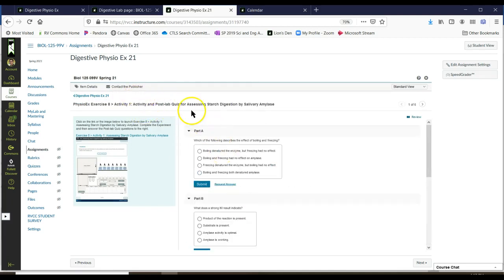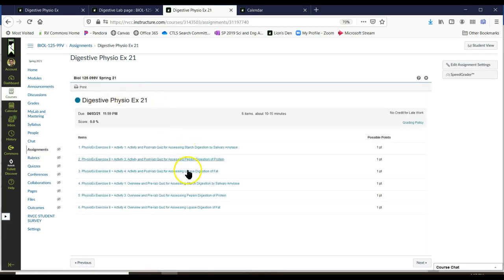So where are we? This is PostLab quiz for assessing starch. The easiest thing to do is then go back and pick the next Prelab thing you want to do. So Prelab pepsin. Open the activity, read about it, do the quiz, come back here.